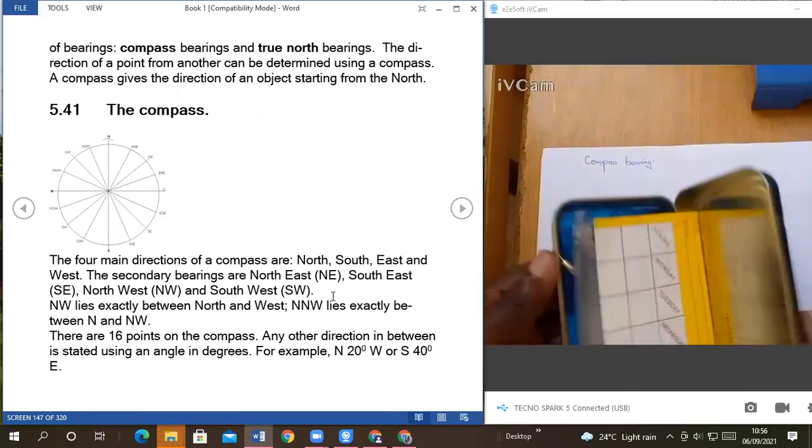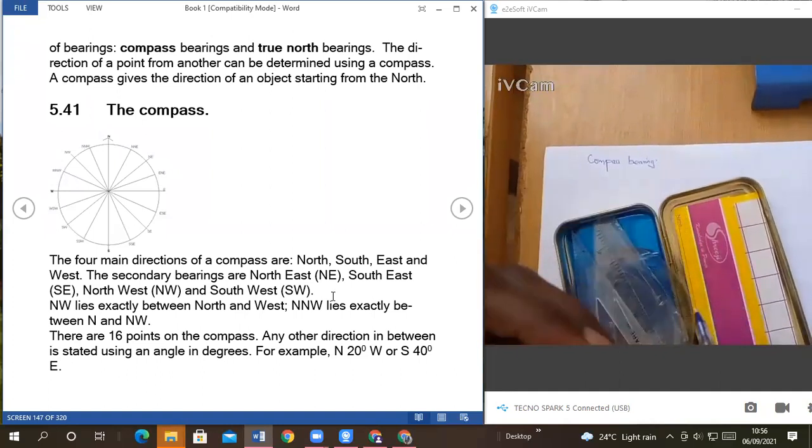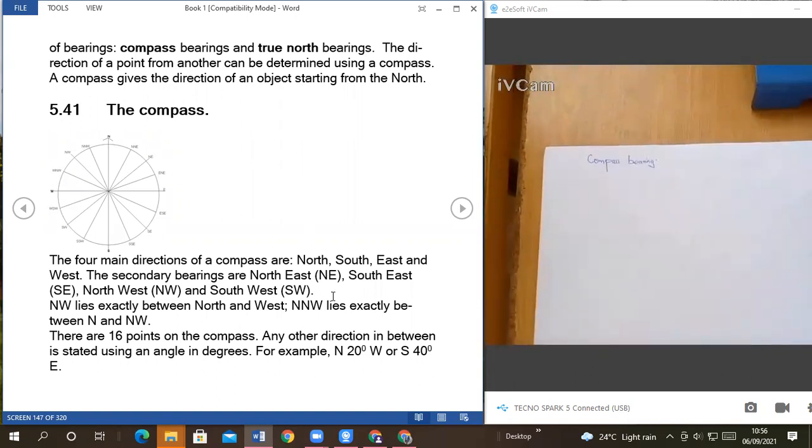So can you pick your protractor? I mean, can you pick your pair of compass? Pick your pair of compass. Members?